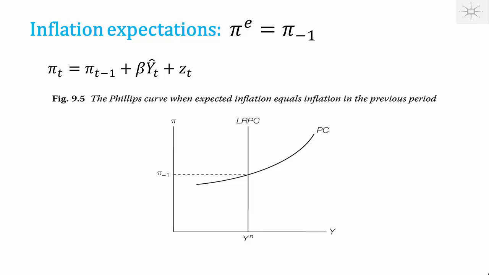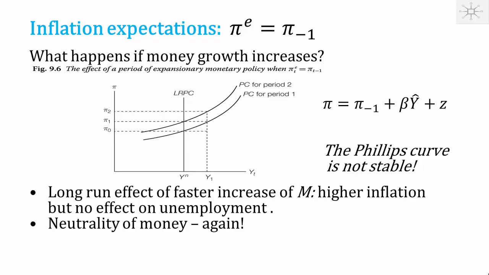Well, let's very quickly discuss that. Okay, so we assume now there are no cost push shocks. So let us consider the following situation. Inflation is pi 0, and people expect inflation therefore to be pi 0, and production is on its natural level. So then the Phillips curve is here.